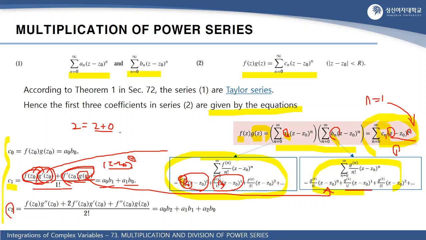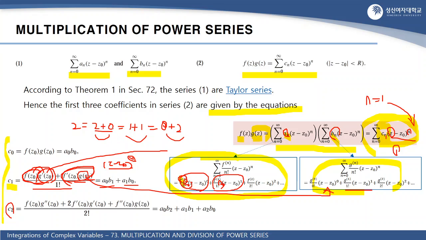The first case is 2 plus 0, the second case is 1 plus 1, and the third case is 0 plus 2. These cases are the only cases to compute 2 by adding 2 terms.